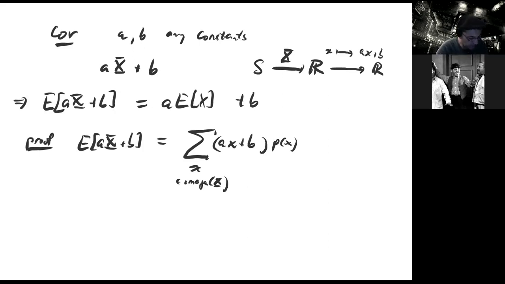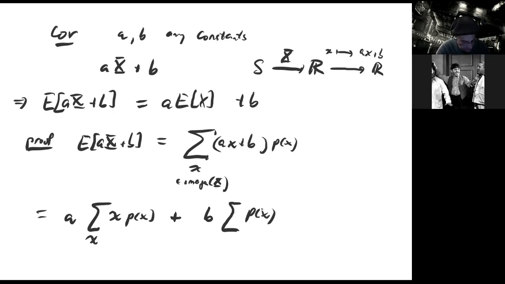Okay, now we can break this sum up. This is a times the sum over x of x times p of x over the same set of x's in the image, plus b times the sum of p of x, where x is ranging over the image.